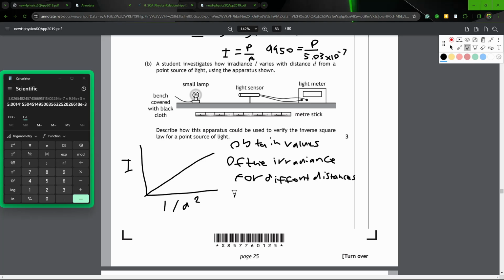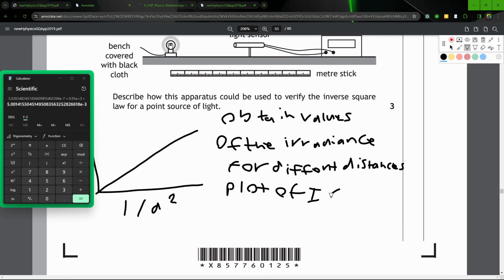Then you're going to plot a graph of I against, I am just reading this off the marking scheme, by the way, but this is roughly what you should be doing, against 1 over d squared, and then the graph, that's the final mark.